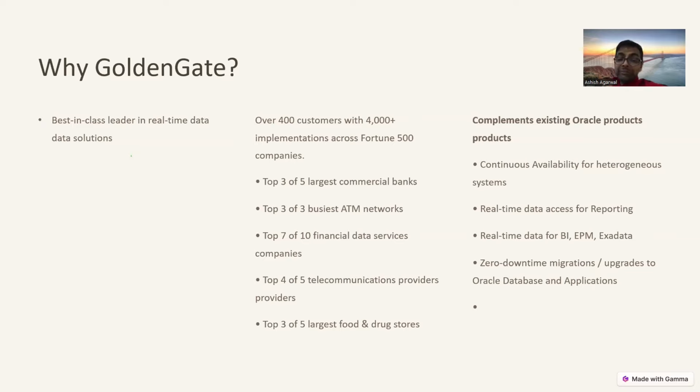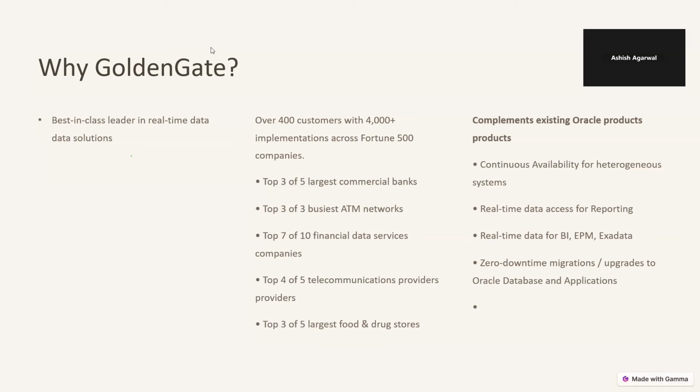Telecommunication providers. So the major domain, until 3-4 years back, of Golden Gate was banking and telecom. Okay. If you talk about telecom, like Vodafone, Sprint, AT&T, Rogers, Bell Canada, Airtel, all the top telecommunication providers are using Golden Gate right now.